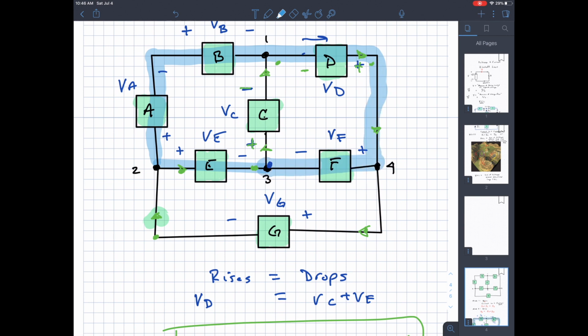For the quiz question, write the KVL equations for this particular loop. That's a summary of KVL and KCL. That's one of the most important concepts that you have for circuits, and hopefully you can get some practice writing KVL and KCL equations.